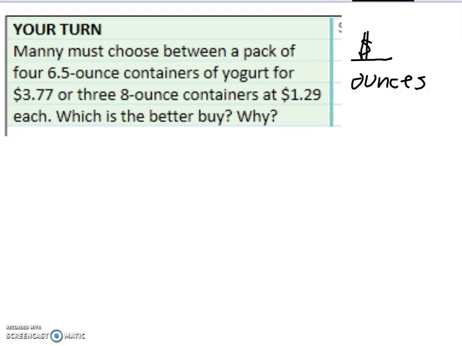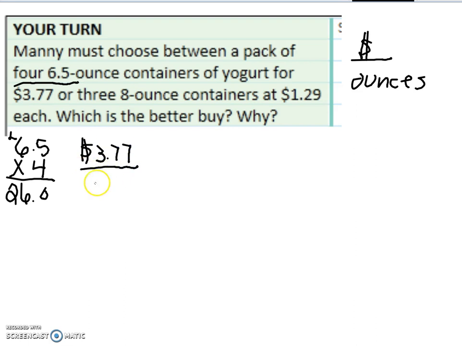On this, we have 4 6.5 ounces. So 6.5 times 4 is 26. So we are dividing the money, 377, over 26 ounces.